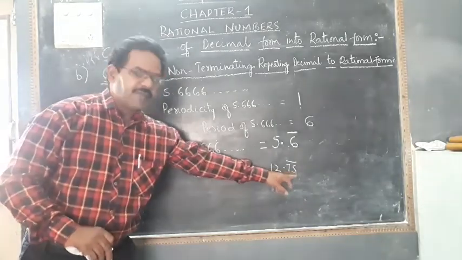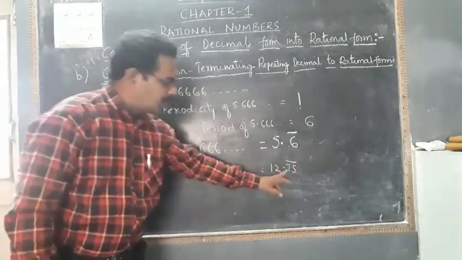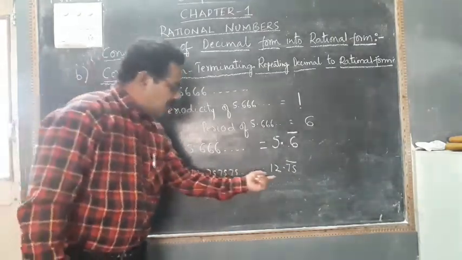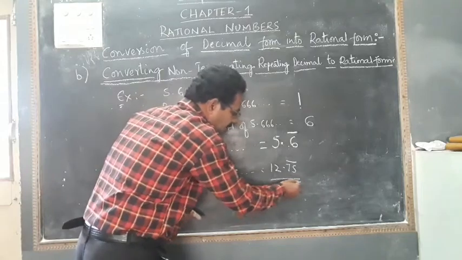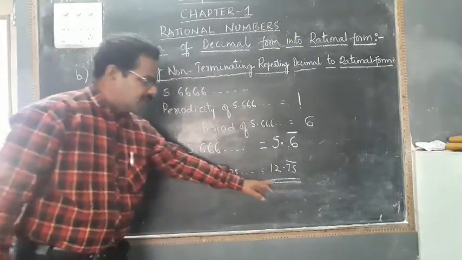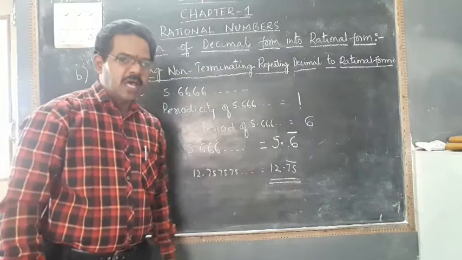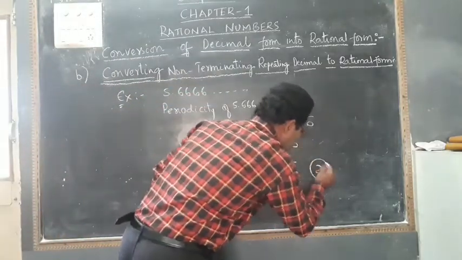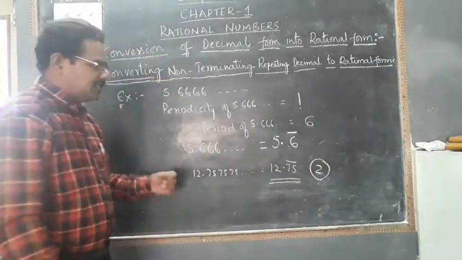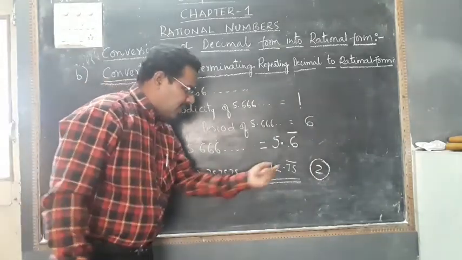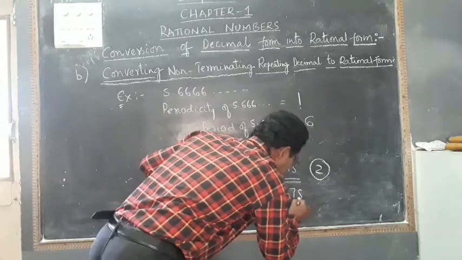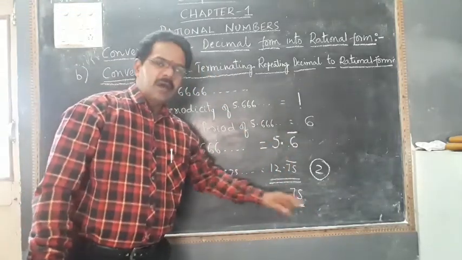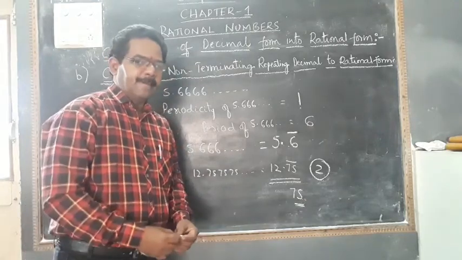So 12.75 bar means two digits are repeating. Now can you say what the periodicity of 12.75 bar is? Two digits are repeating, so its periodicity is equal to 2. The period of 12.75 bar is equal to 75. Period means the value of the digits we are taking.